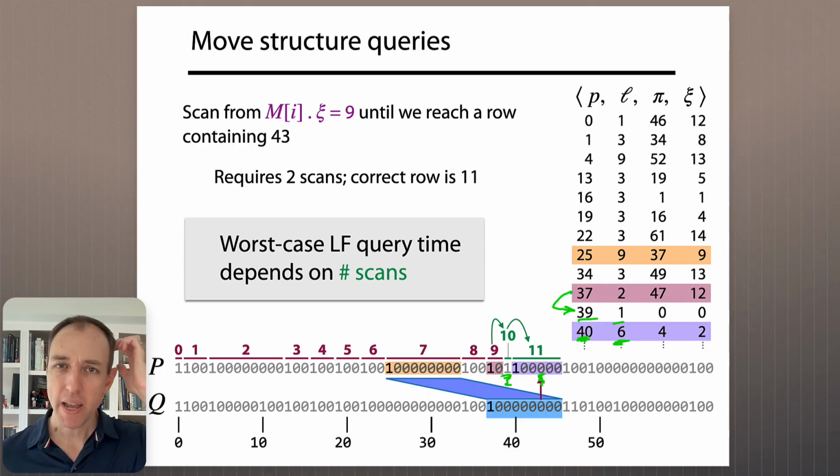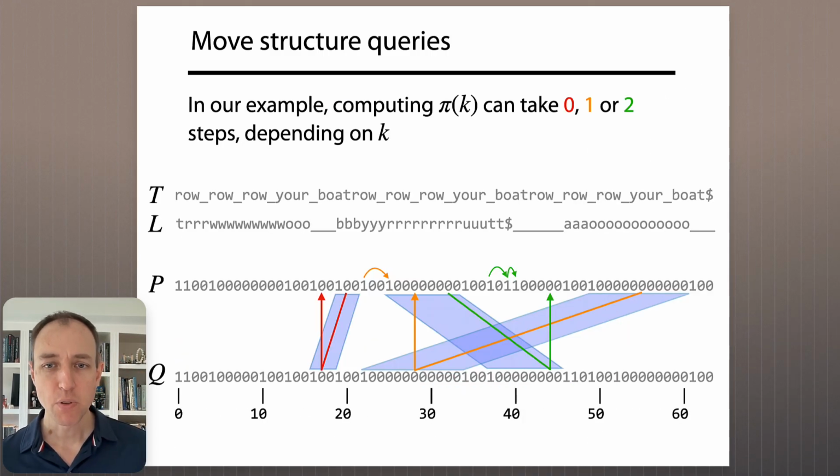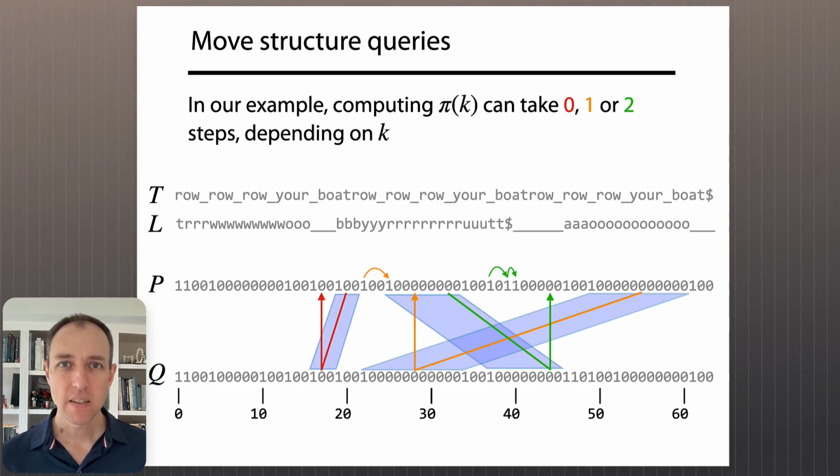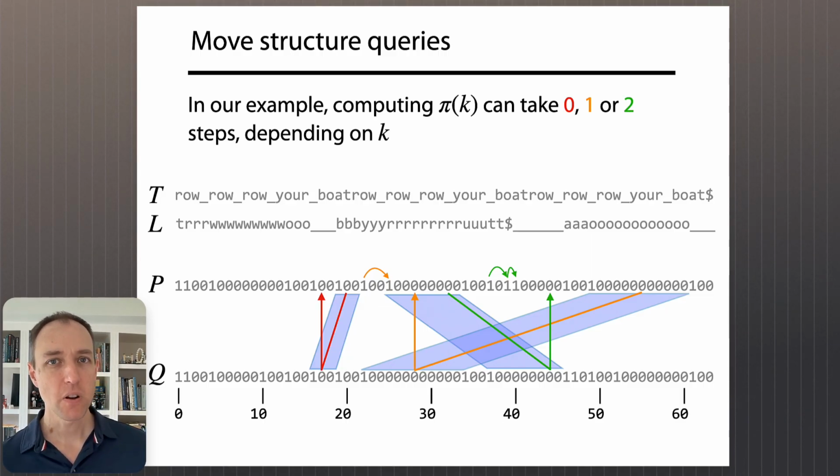In this example, we had to scan forward by 2. If you look at different examples, just pick different offsets and then use the move table to figure out how you would have to apply the permutation once to get your new k prime and i prime. You will see that for this particular example, there are some offsets where if you start there, you can get to your destination with no scanning. That was true for the first one we tried.